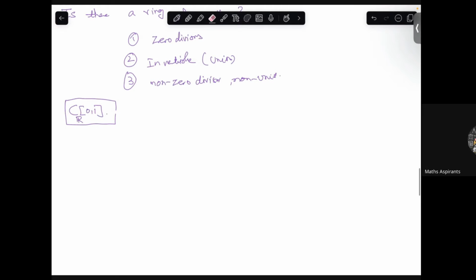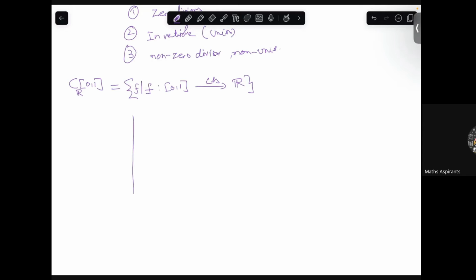What is this? This is the set of all continuous functions from [0,1] to R. One of the best ways to understand this is through the graph, with 0 and 1 and the real numbers.